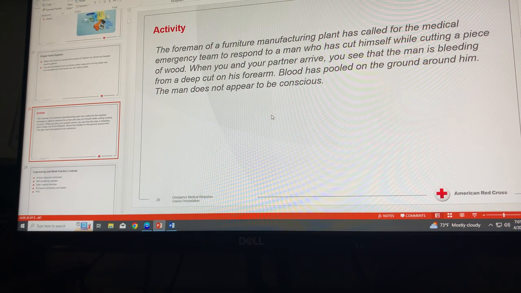When you and your partner arrive, you see that the man is bleeding from a deep cut on his forearm. Blood has pooled on the ground around him. The man does not appear to be conscious. So think about all the circumstances here. We have blood here. You have a partner. You have possible exposure. Just think about this scenario, and we will discuss it in person.